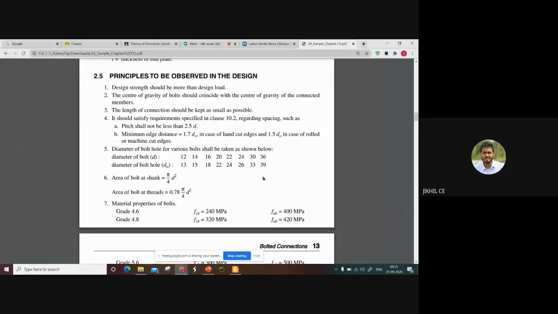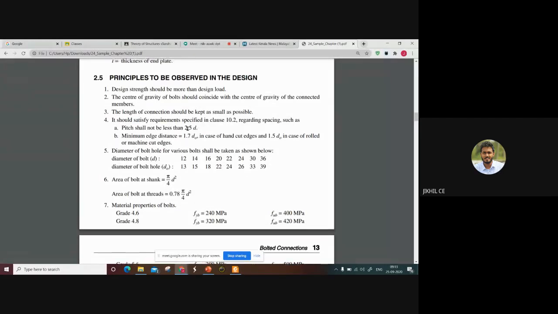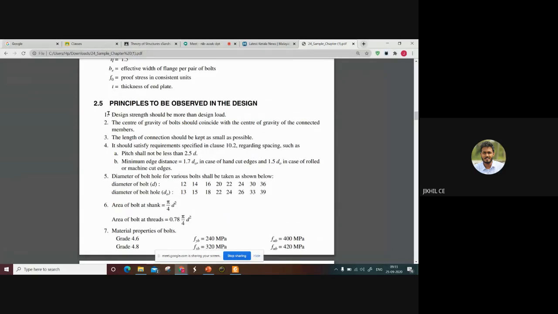So some more important points to be noted, the principles to be observed in the design. First and the important one is that the design strength should be more than the design load.